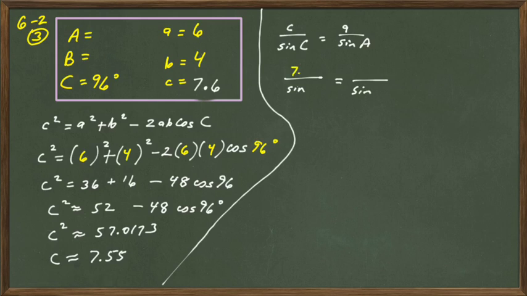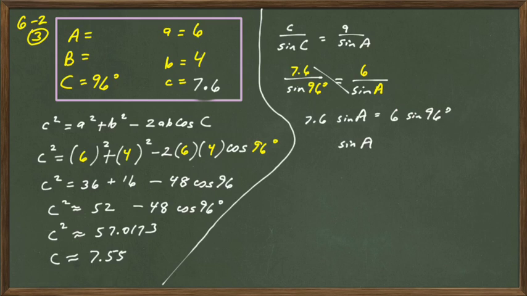Side C is 7.55 or 7.6. Angle C is 96 degrees. Side A is 6, but I don't know angle A. 7.6 times the sine of angle A equals 6 times the sine of 96.